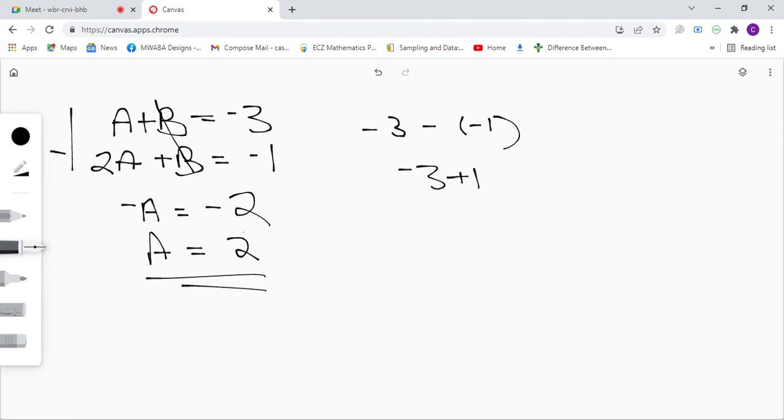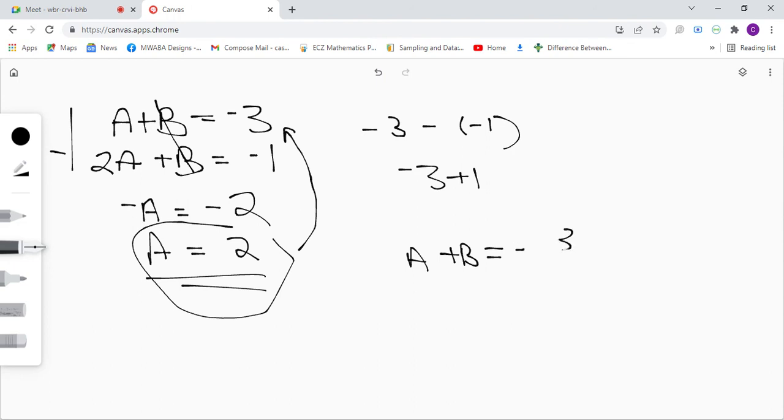Now I want to get our value for b. So we can substitute a equals 2 into any equation. So I'll substitute it into this equation. a plus b equals -3.